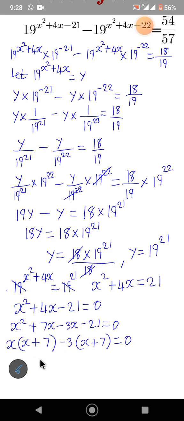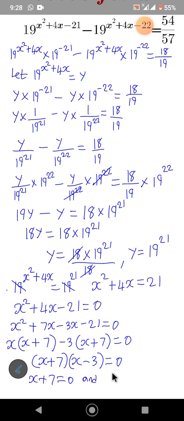Now I'm going to find the roots of my equation. Factorizing, I'll get x plus 7, that is x plus 7. Open another bracket again, x minus 3, all equal to 0. Then from here now, I can see that x plus 7 equal to 0.